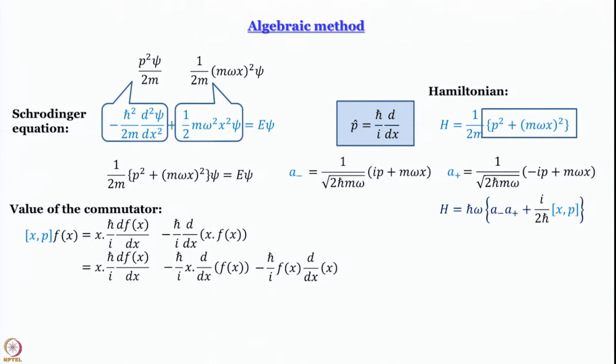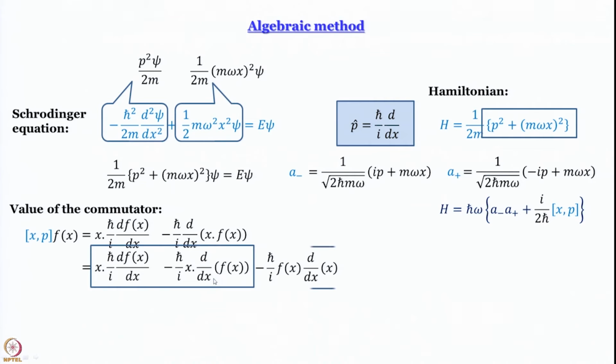Right. Now, see, things have become simpler. Why? Because these two terms cancel each other. The first one is h cross x by i df(x)/dx minus h cross x by i df(x)/dx. So this is 0.